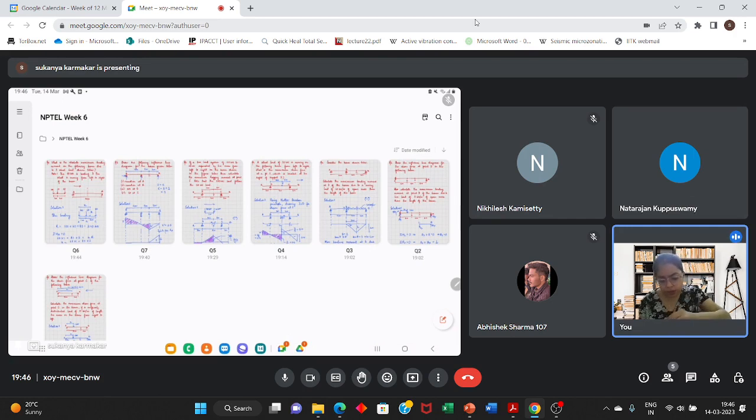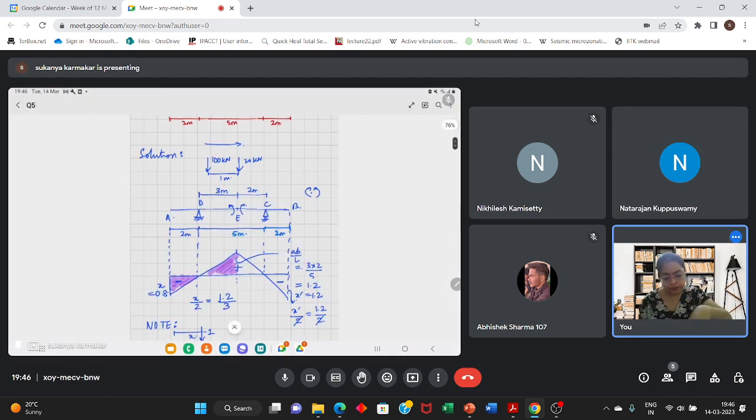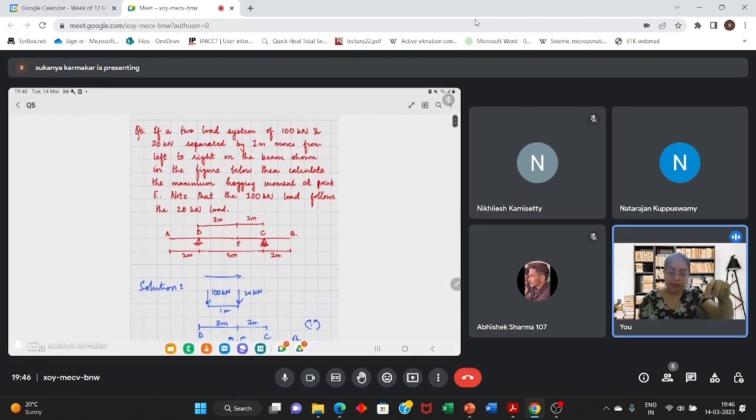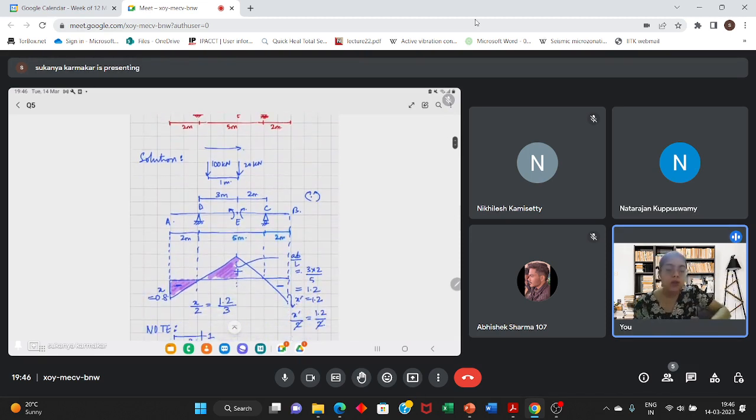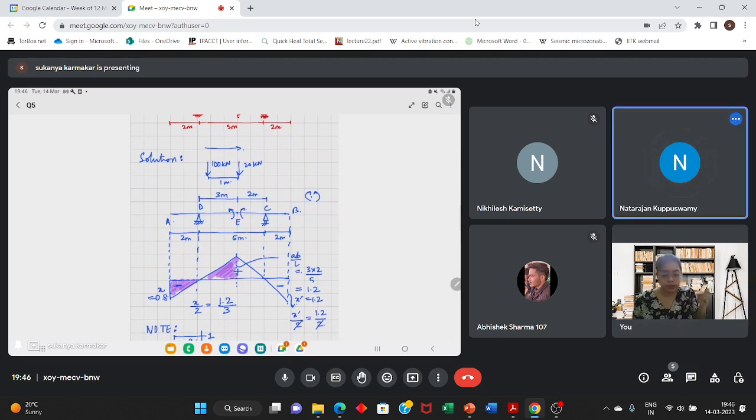When there are two loads, if you have to calculate the sagging moment, you will have to use the same technique and calculate the position of the load.